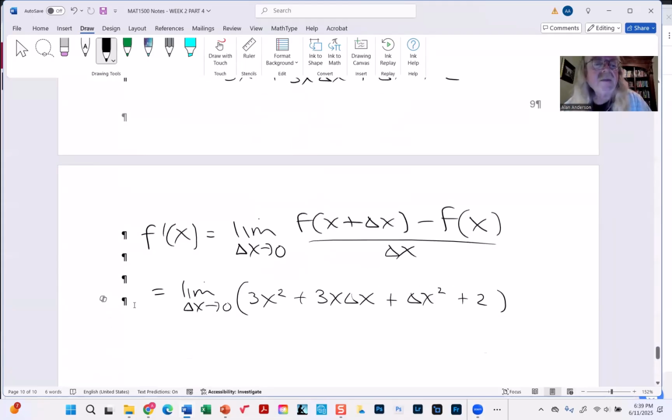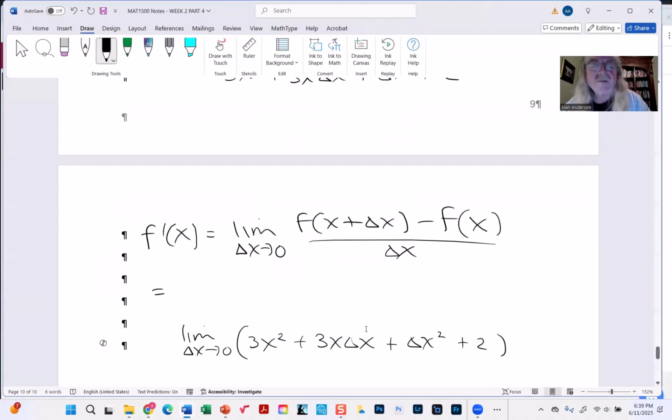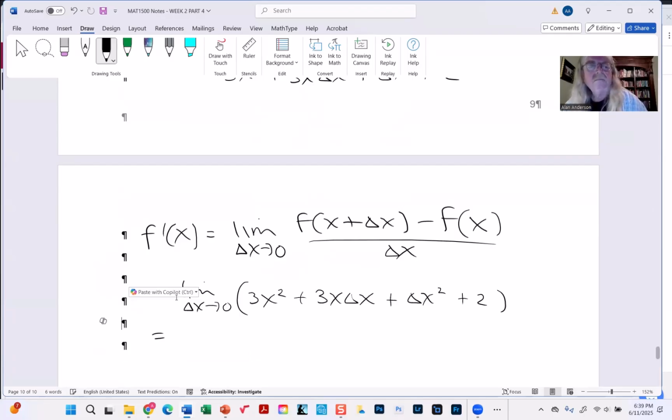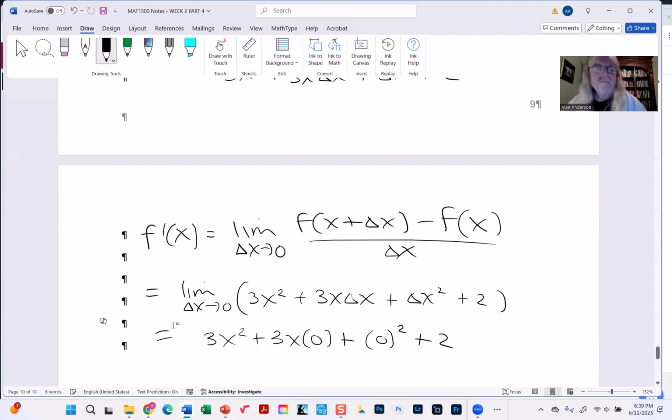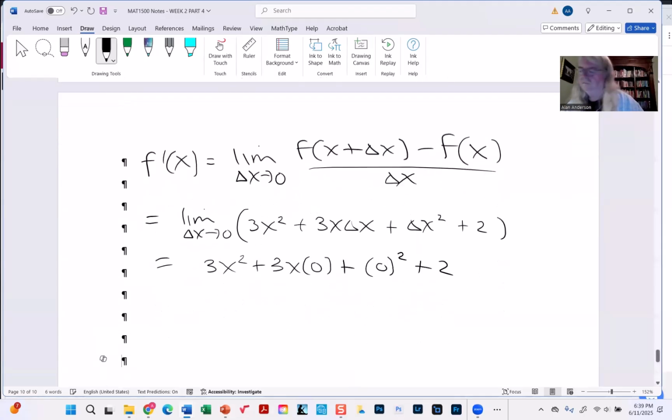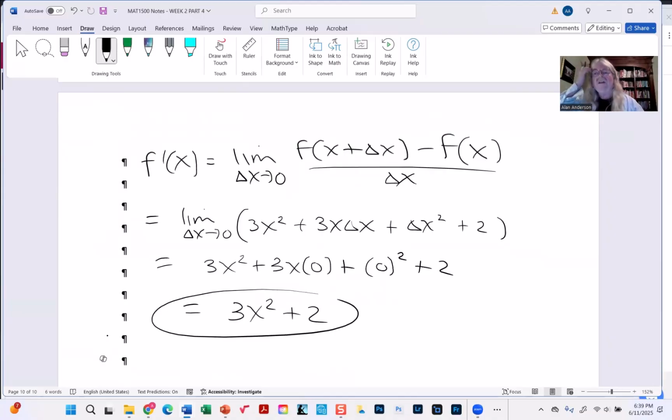Now, taking this limit will be easy because all we're doing is the method of direct substitution. And then you'll see that our final result is, and we're done. At long last, we're done with that ordeal.